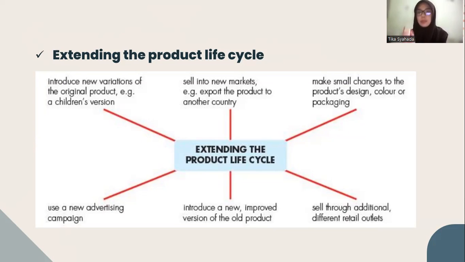Like the example that I gave before, this product has two variants, the original one and the purple one. So it's what we call introducing new variations.